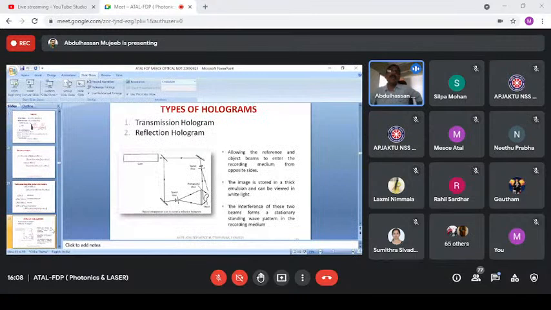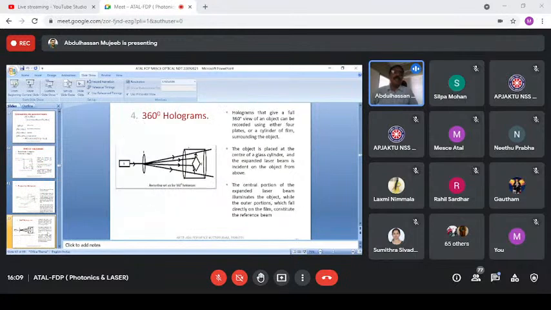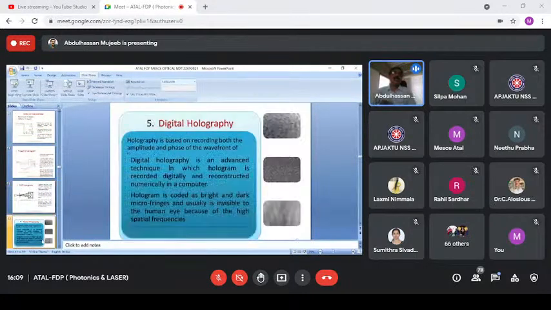There are different types of holograms like transmission holograms, reflection holograms, etc., 360-degree holograms and digital holograms. This is what I told you: holography is based on recording both the amplitude and phase.